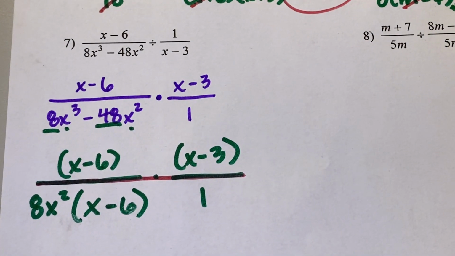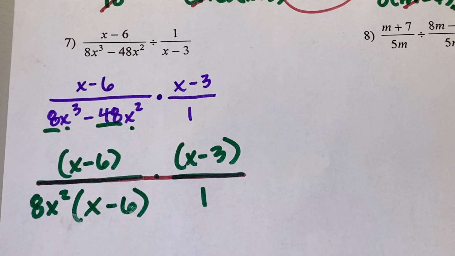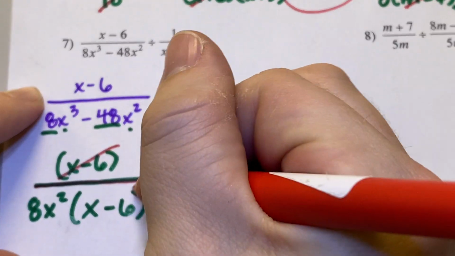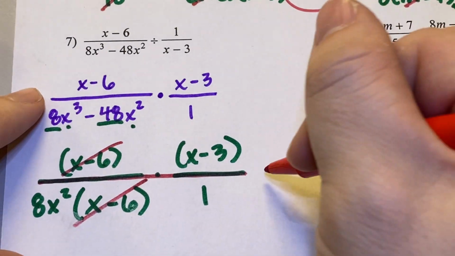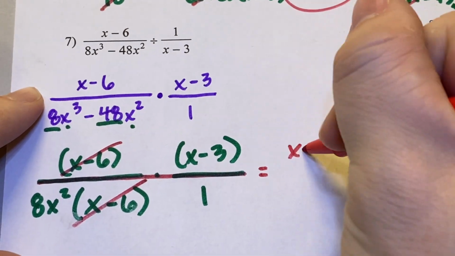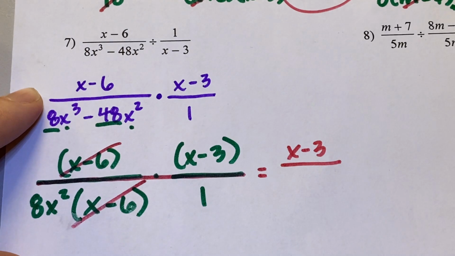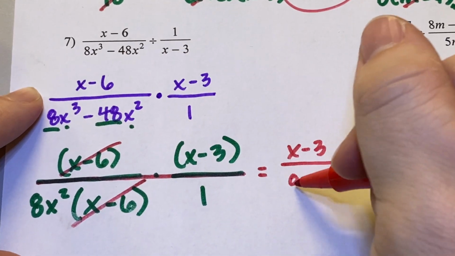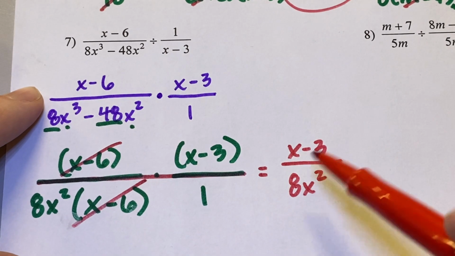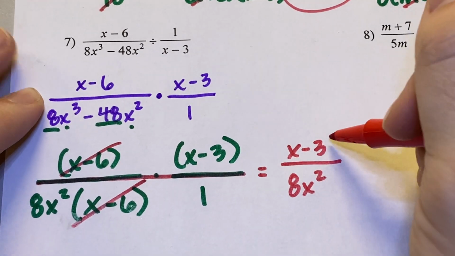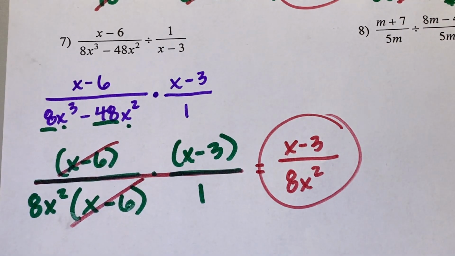What can cancel? X minus 6 and x minus 6. Anything else? Nope. So final answer, x minus 3 on top over 8x squared. Definitely don't have to put the 1, right? That doesn't change it. So x minus 3 over 8x squared.